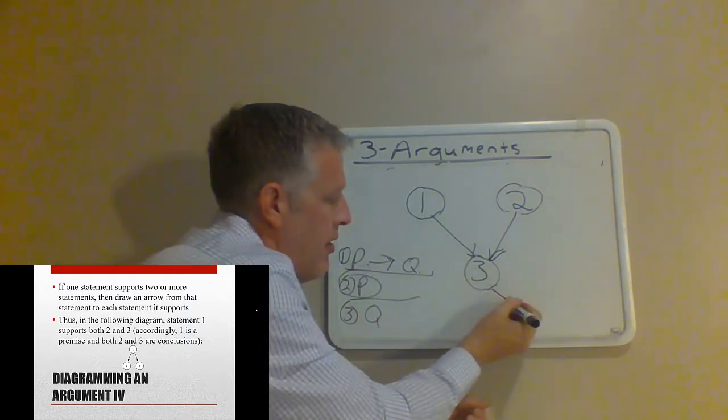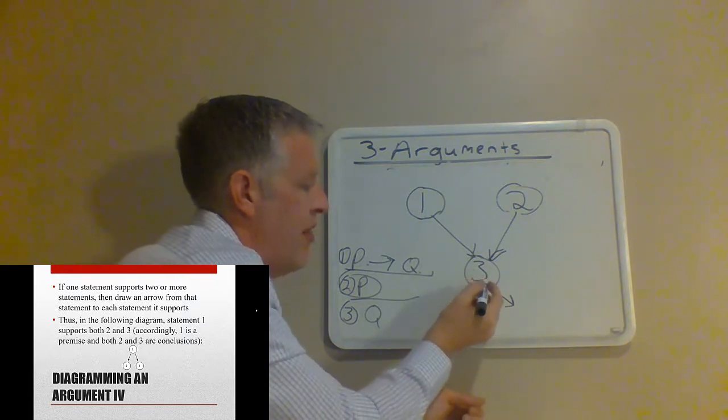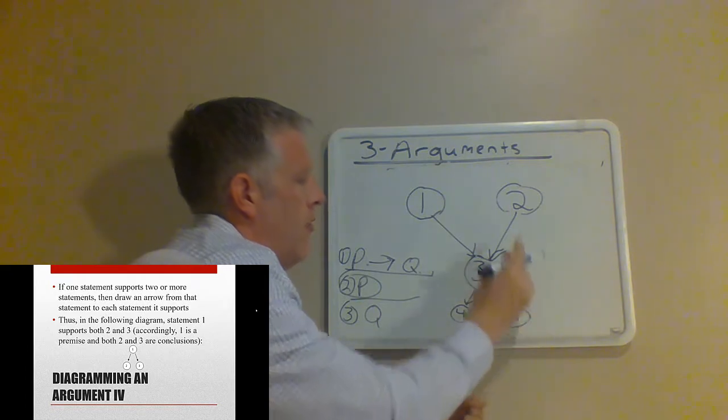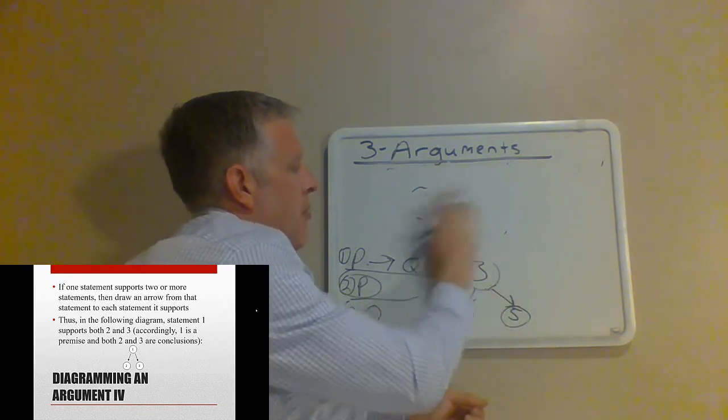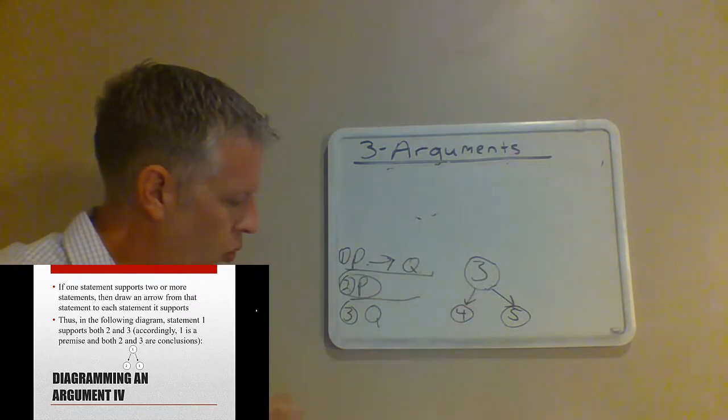So the same statement might yield two different arguments. The same thing might serve as a premise for two distinct arguments. Okay. So I want to point that out. Let's erase that for simplicity here. That all could be the case, but this is what I'm pointing out on slide 20.